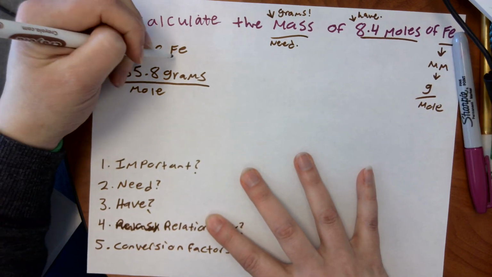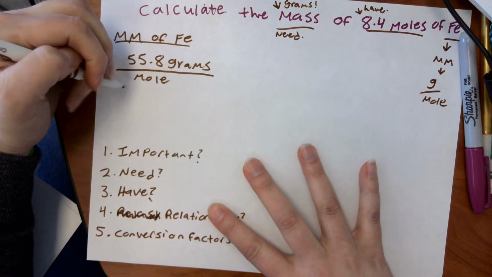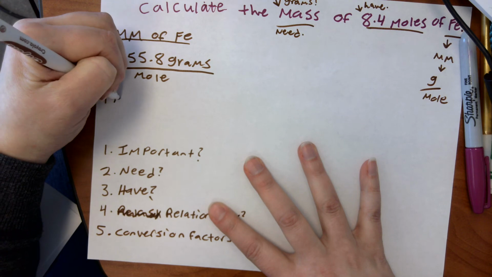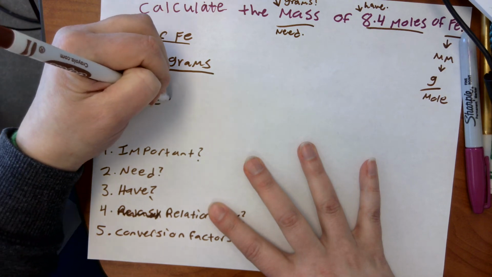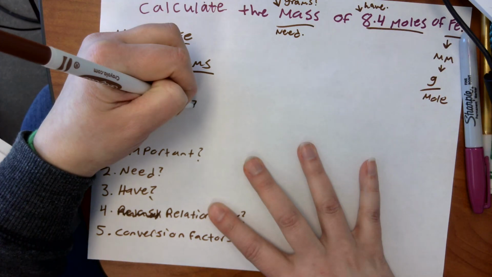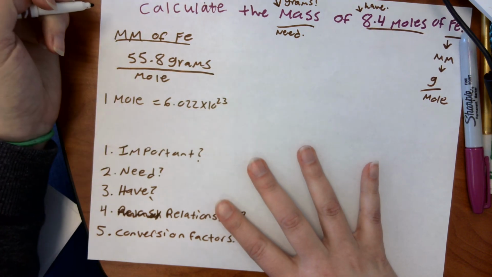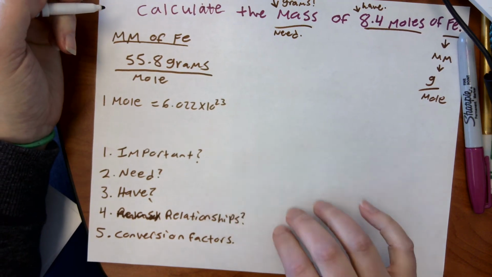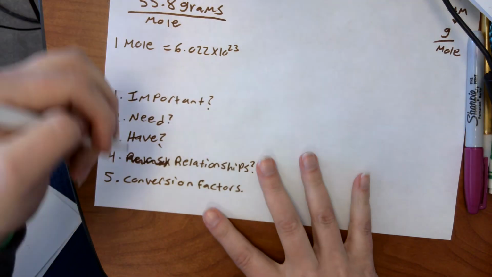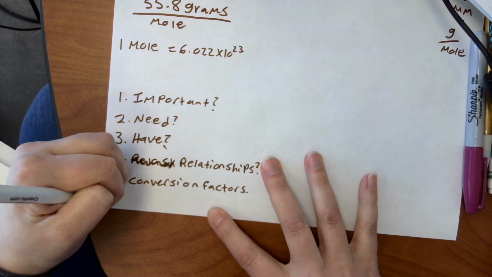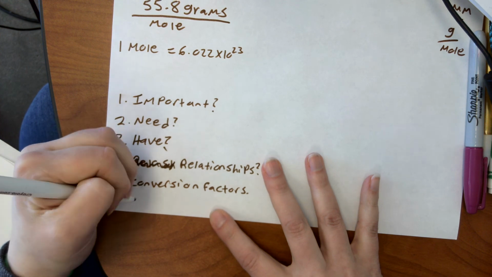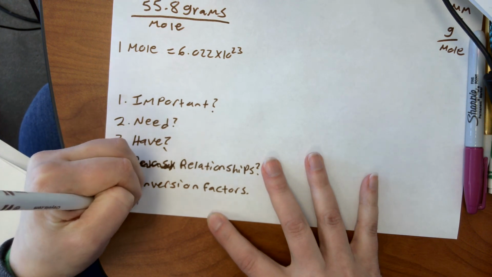And just for the heck of it, we know that 1 mole equals 6.022 times 10 to the 23rd. Just because we know that's a conversion factor. Okay? Once you have that, 6, the conversion equation.